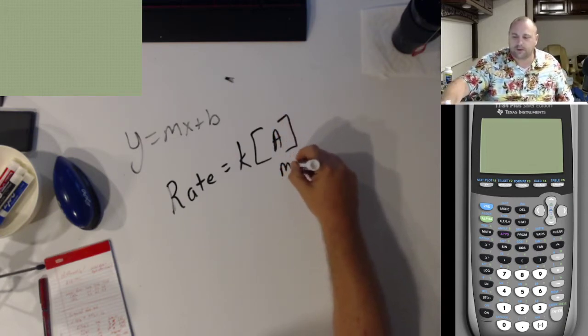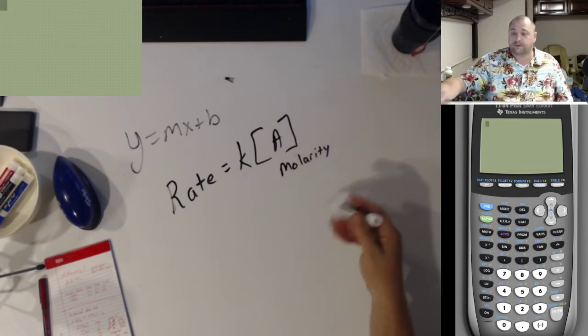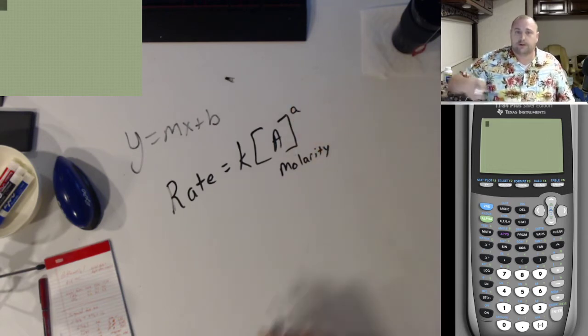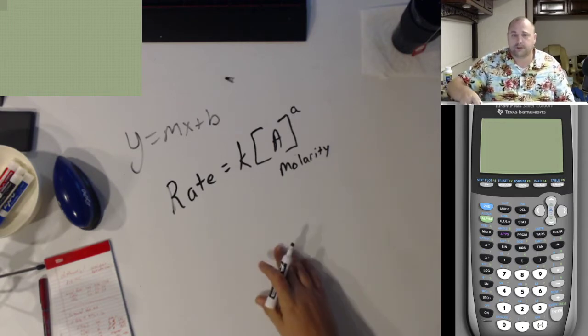Remember, this is molarity, moles of solute over liter of solution. And it's to some power. And that power there, we can't initially tell what that is.